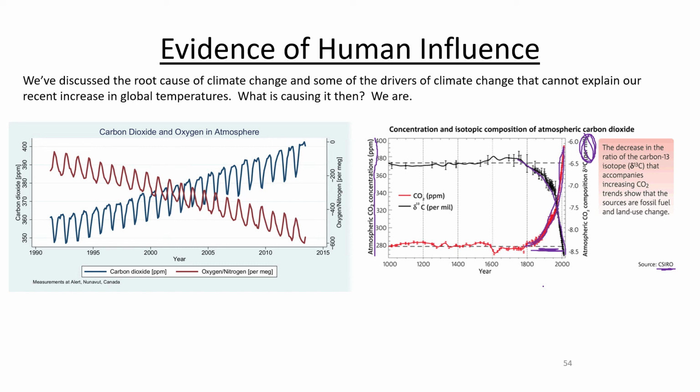Okay? So when we burn trees or fossilized trees, we are putting back into the atmosphere a bunch of carbon that has a much higher proportion of carbon-12 than we would have just sort of normally in the atmosphere.